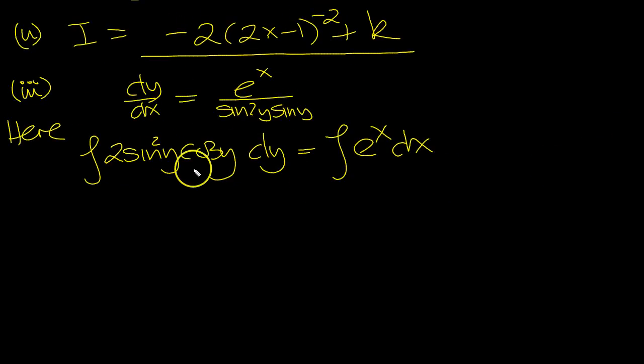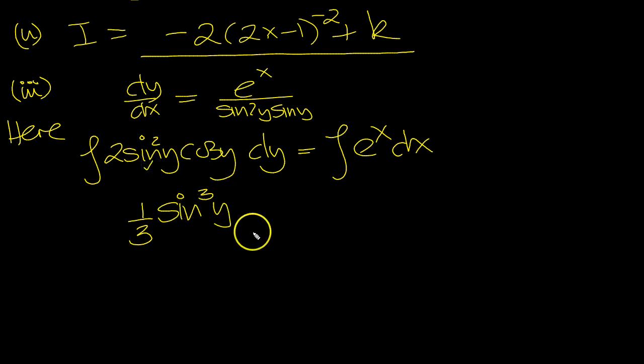So let's integrate then. This is 2 times something squared multiplied by the something differentiated. So I'm going to try sine cubed. Okay, so I'll put a third there for now. So differentiate this, we get 3 times this to the squared. 3's cancel, and we get our sine squared.